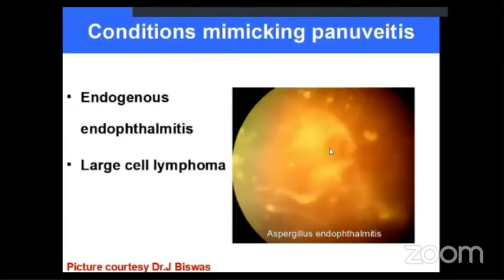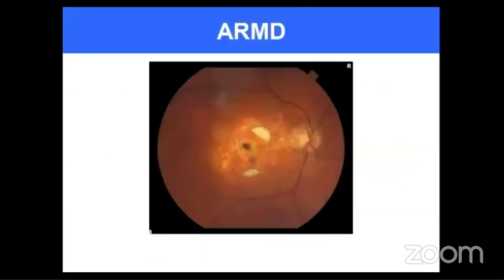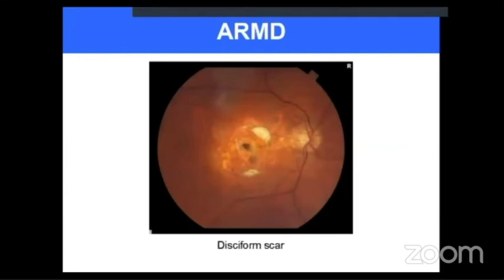Two entities like endogenous endophthalmitis and large cell lymphomas should be ruled out because these are masquerades which can cause life-threatening disorders in the patient. ARMD or disciform scar in ARMD is a non-uveitic entity which can often confuse an inexperienced doctor.